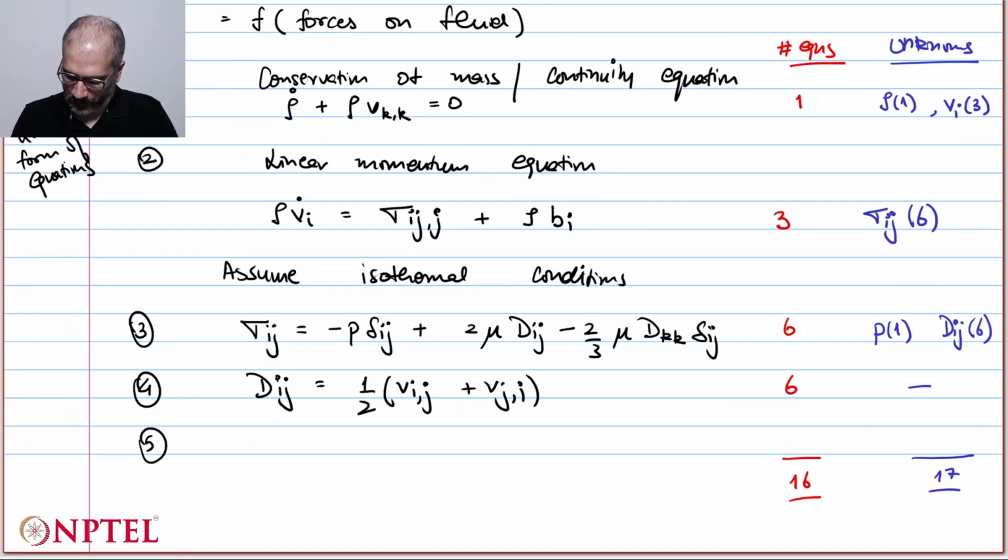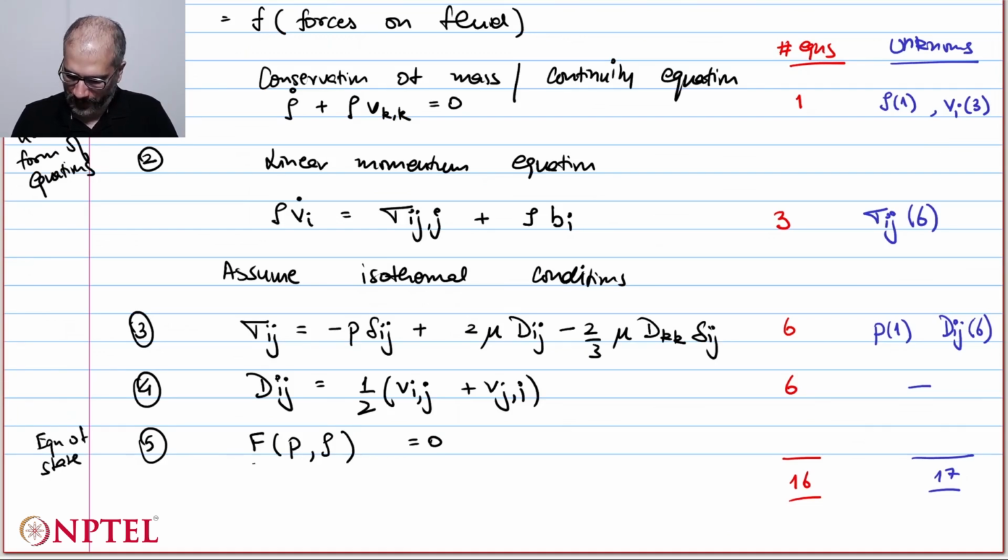So we typically have an equation of state that gives us an equation that relates the thermodynamic pressure, density, and temperature. But since we are assuming an isothermal situation, we can actually remove this temperature. So we get this kind of a relationship for an isothermal system. So this is coming from the equation of state.